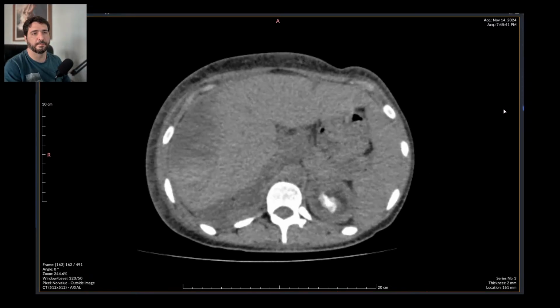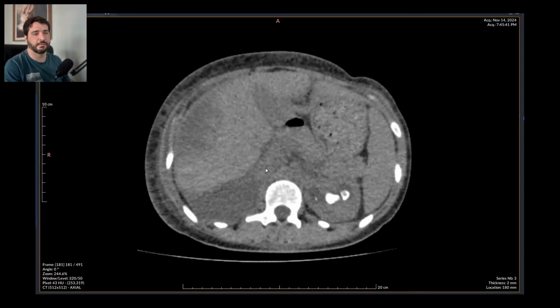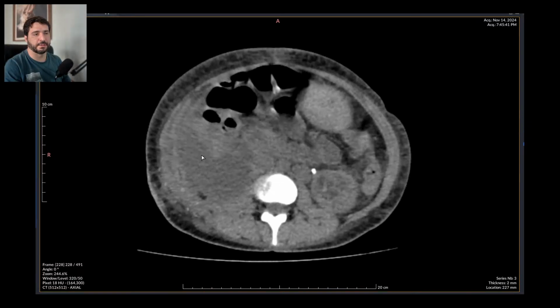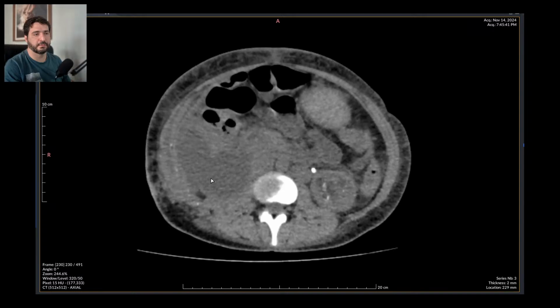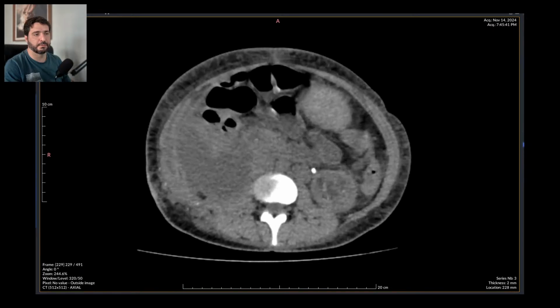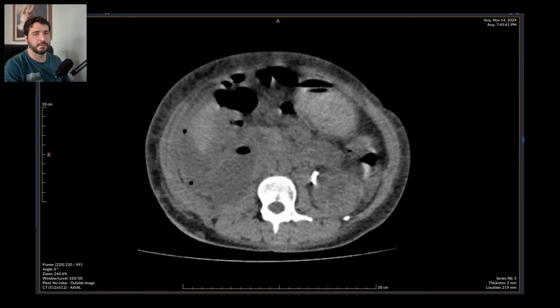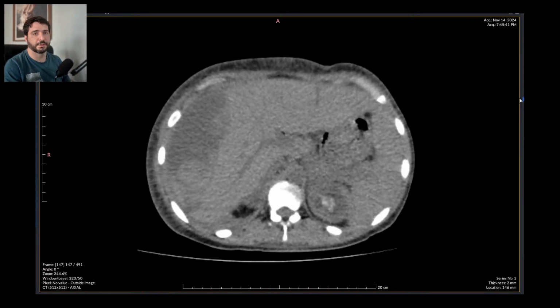It's possible. I'm going to measure this collection of fluid right here, and I'm going to measure this other collection of fluid right here. Clearly they had a lumbar surgery right there that went bad. So we have 1 and 2 collections.